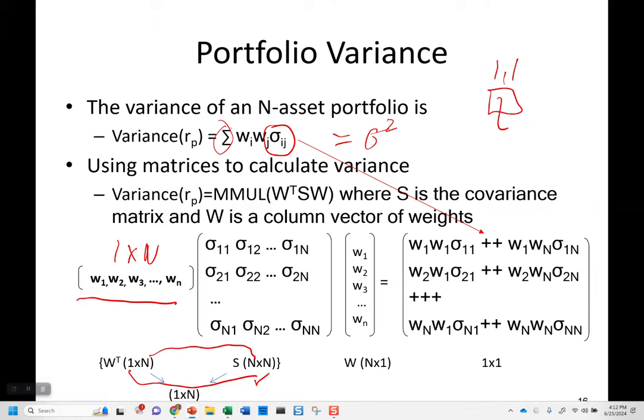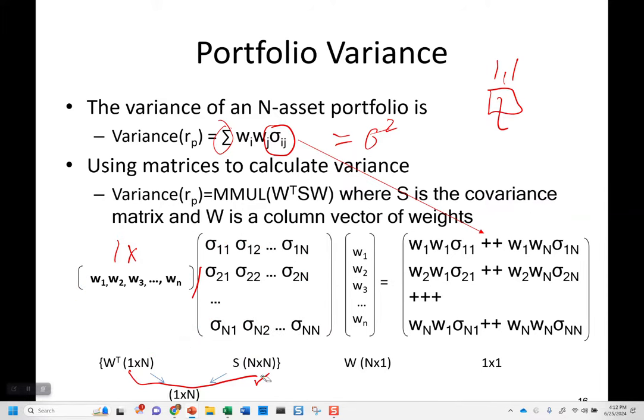Once I do that, what that does is it combines the weights and the covariance terms one time. Then I need to put in the other corresponding weight. So what I do is I then multiply that multiplication times a column vector of weights.